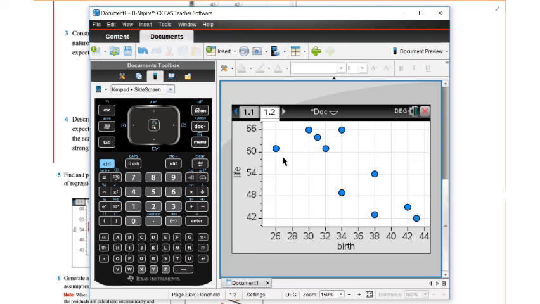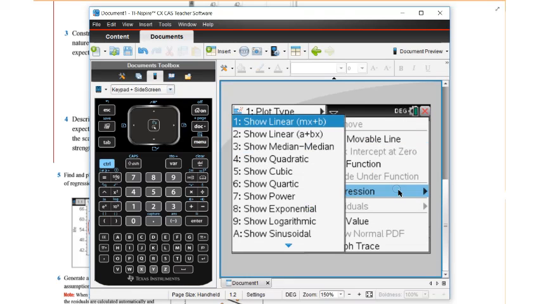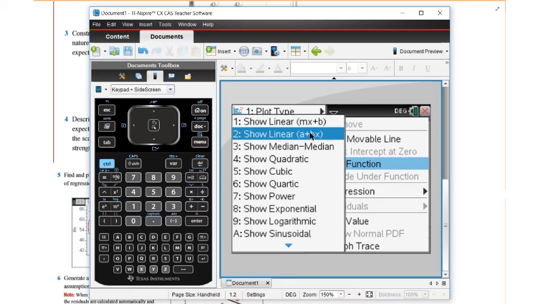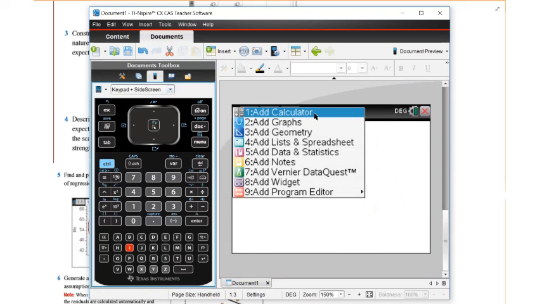Okay, what I then do is go Menu. I go Analyze. I go Regression. And then I go A plus BX. That gives me my regression line. Now I can do two things here. I'm going to go Control I again because I want to add a calculator.